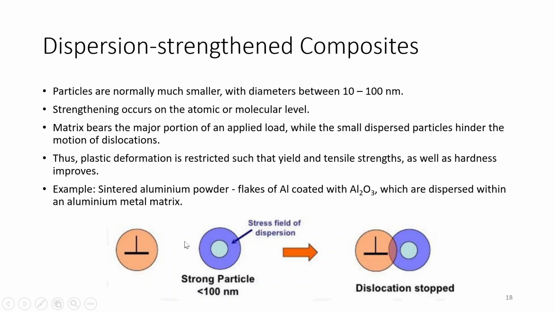As the dislocation keeps moving and reaches near it, this dislocation is locked. So it can't move further, and there is dislocation pile up forming here. This leads to enhancement in its strength and tensile strength, and also hardness of this material.